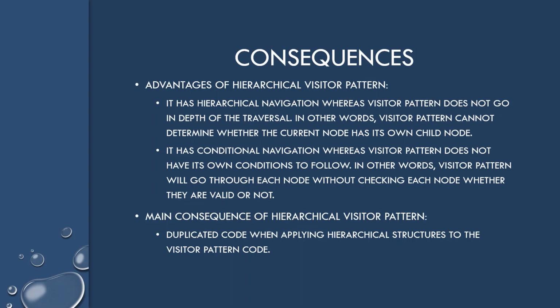Number two, it has conditional navigation, whereas visitor pattern does not have its own condition to follow. In other words, visitor pattern will go through each node without checking whether they are valid or not. So based on those two advantages, there is one main consequence. That consequence is duplicated code when applying hierarchical structures to the visitor pattern code.